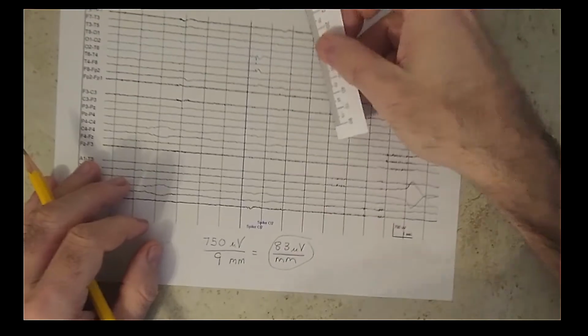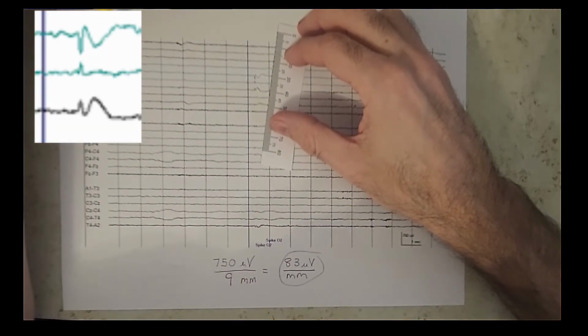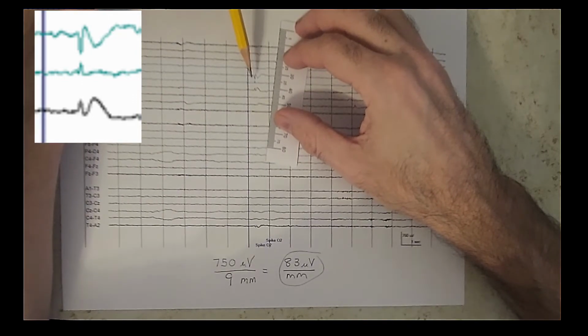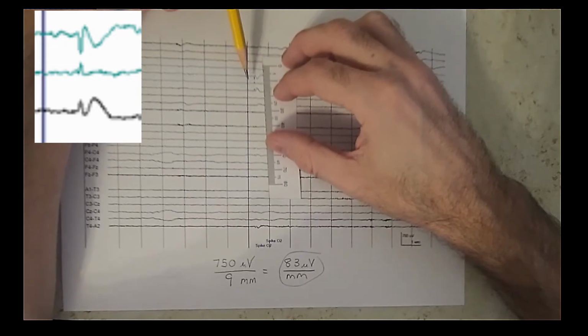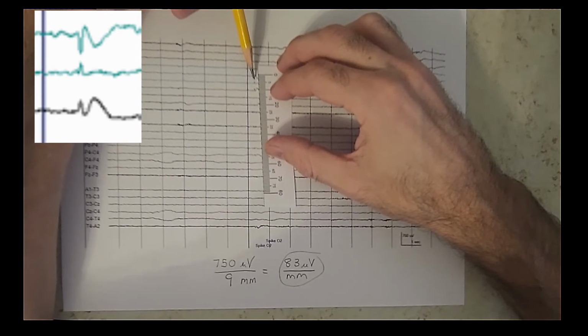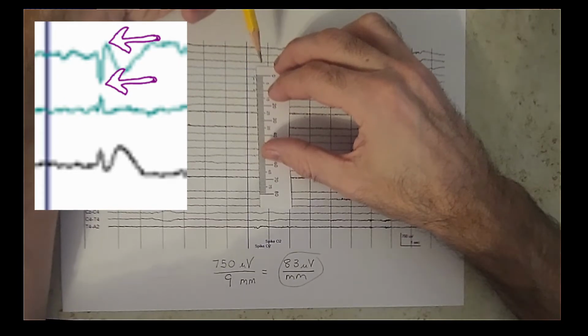The second thing we're going to do is measure this spike component, and we're going to measure the one in the O1, O2 channel. It seems to be higher, so more representative of the spike's amplitude. We'll pick the higher deflection, and we're not going to measure from the peak to the EEG baseline. We're going to actually measure from peak to trough. In this case, it's flipped, right?